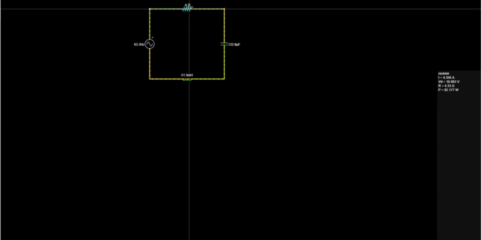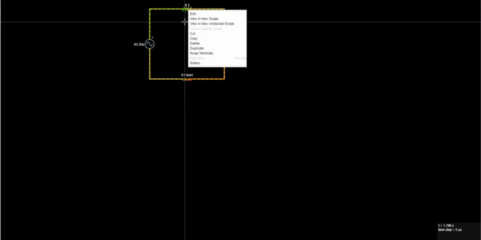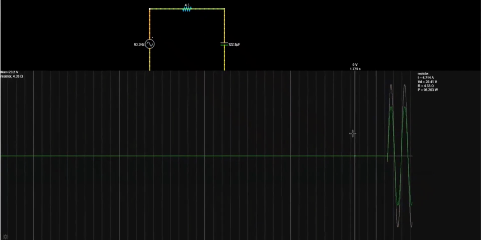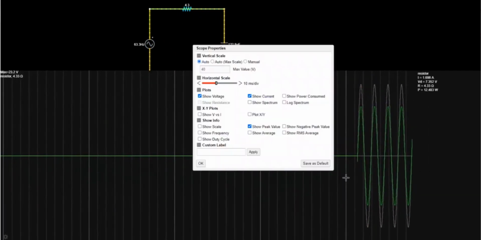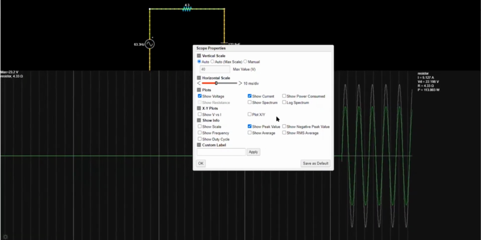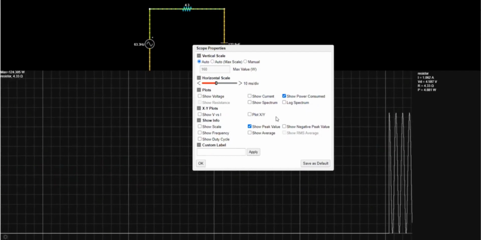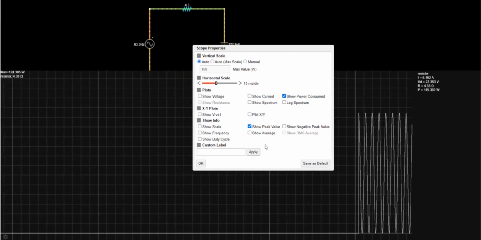All right, so right click on the resistor and choose view in new scope. Got it. And then right click on this scope that just got created, properties, and we want to show power consumed. Show power consumed. Wait a minute.